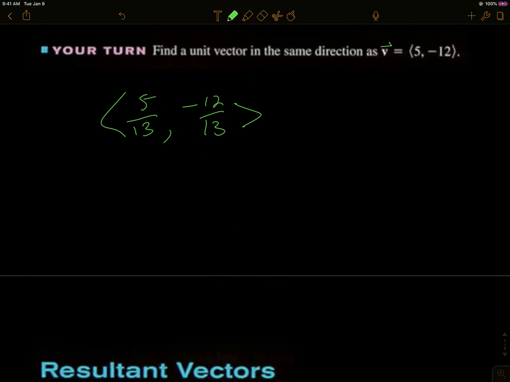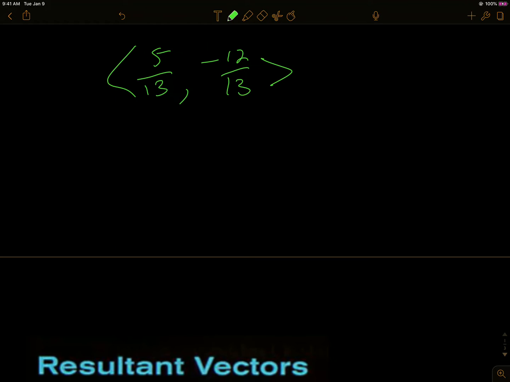Oh, I want to say one last thing about unit vectors, sorry. Remember those famous unit vectors are i and j. That's vector i, that's vector j. So 3i would mean the unit vector i times the scalar of 3. And 4j would be the unit vector j times the scalar factor of 4.